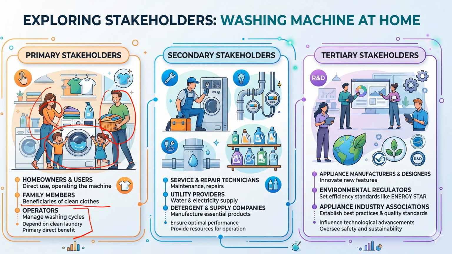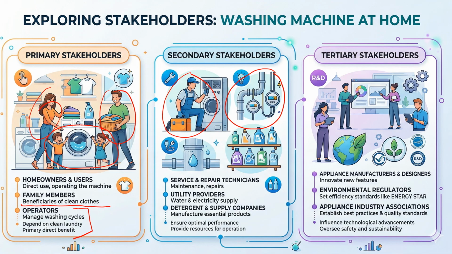Now comes the secondary stakeholders. So let's say my washing machine breaks down and I have to call the service engineer. I have to also call a plumber in order to fit that particular machine. In case there is a problem with the plumbing, there is some blockage or other problems, I have to again call a plumber.